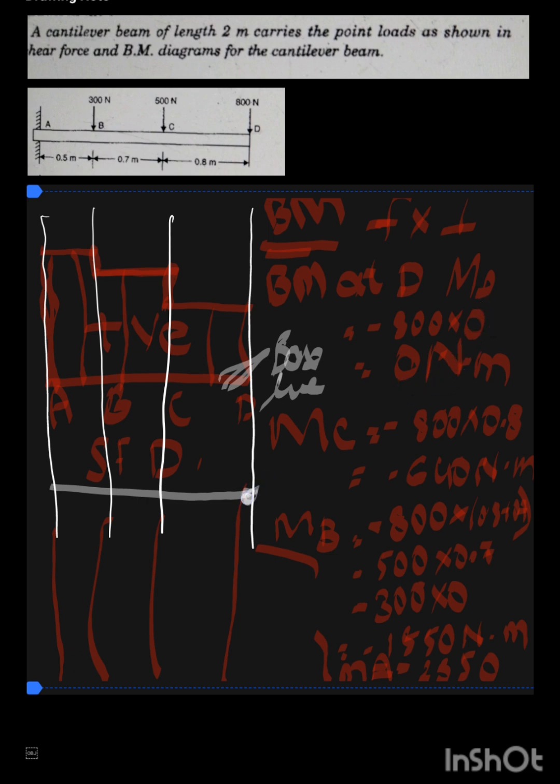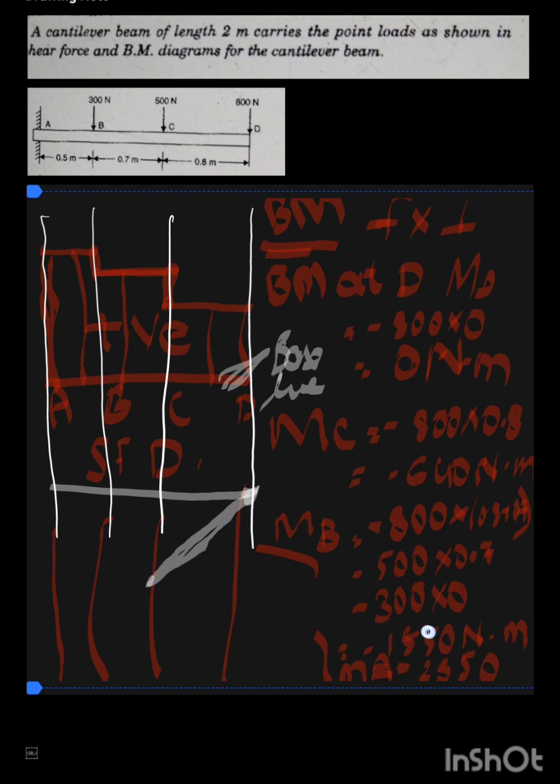At C, what answer did we get? Minus 640. That's why we draw the bending moment diagram downwards. From here to here is 640, and we join it with an inclined straight line.